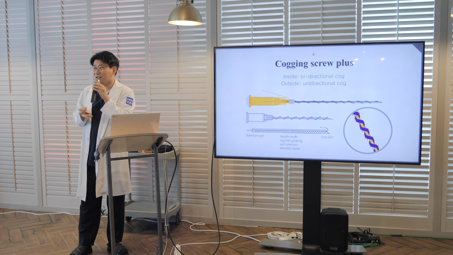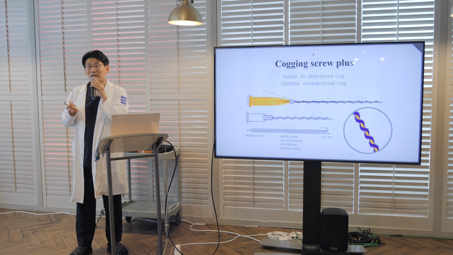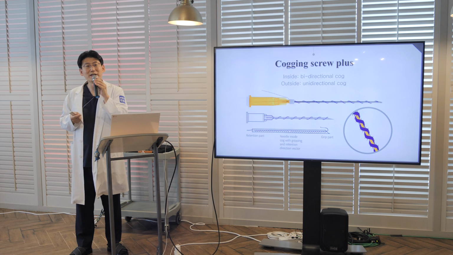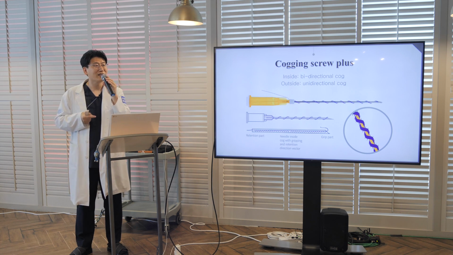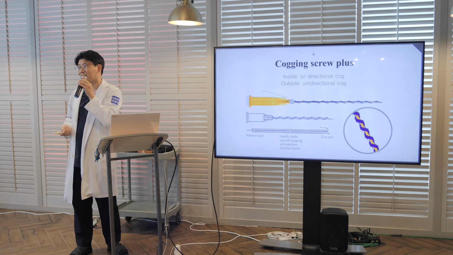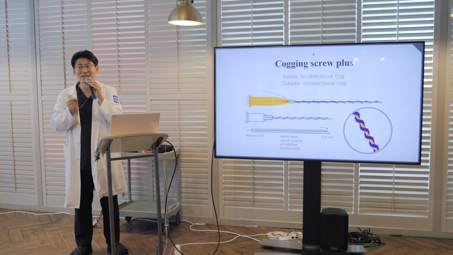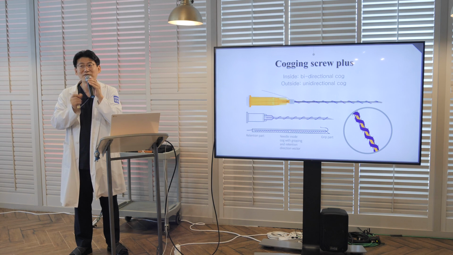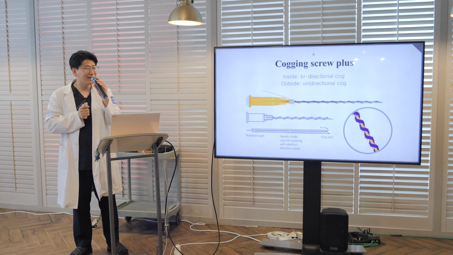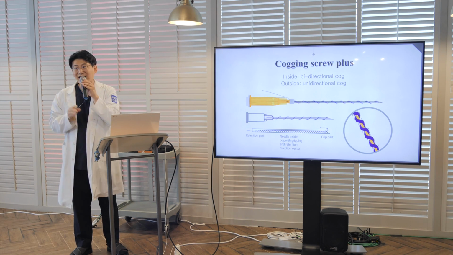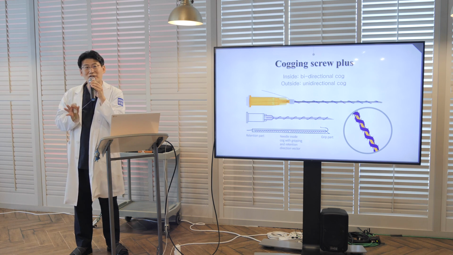This is the Cogging Screw Plus thread. It's like a screw thread. Outside of the needle, the thin thread is loaded spirally. But as we can observe, there is a tiny cutting cog on the shaft of the thread. Inside of the needle, it has a bidirectional cutting cog.